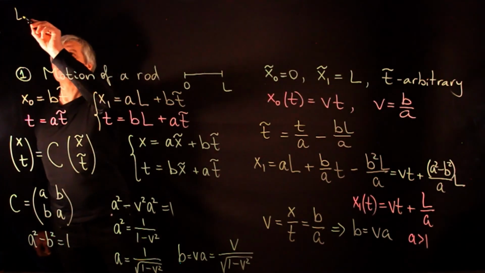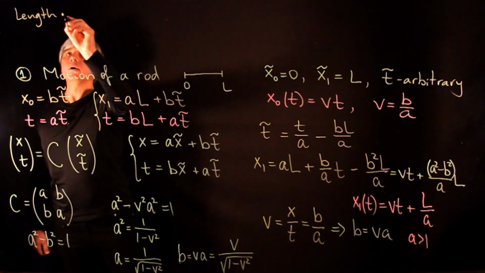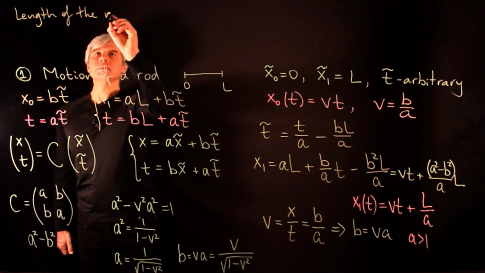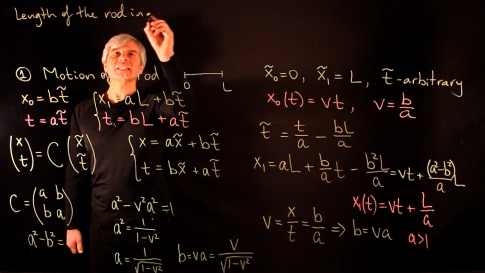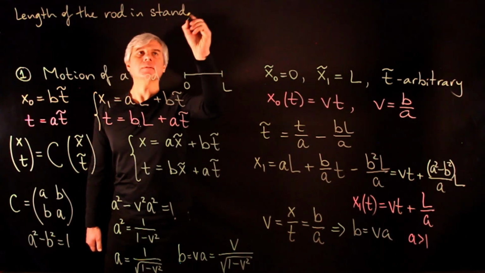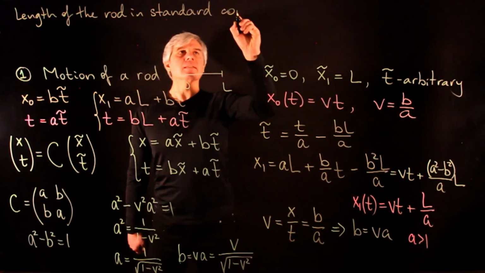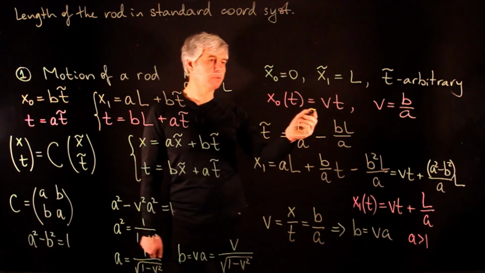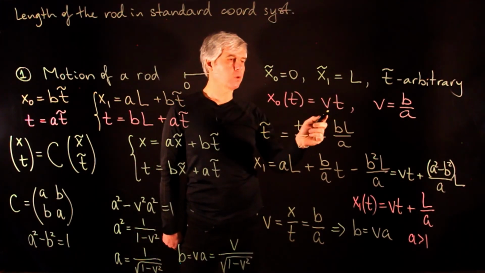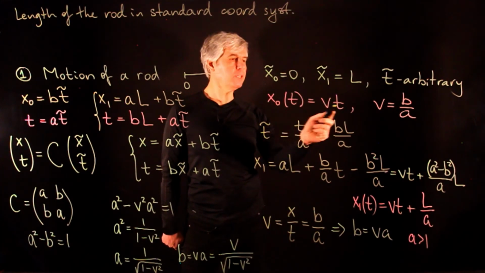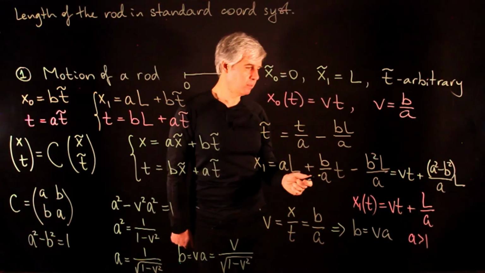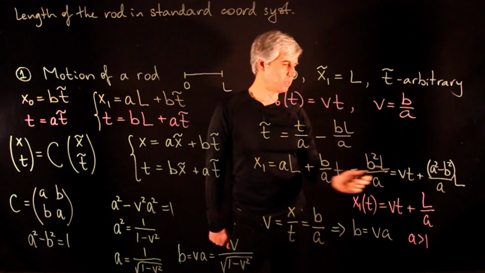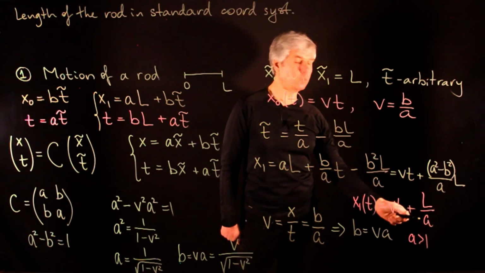So what is the length of the rod in the standard coordinate system? Well, the left end moves along the trajectory x is equal to vt, and the right end moves along the trajectory x is equal to vt plus L over a.